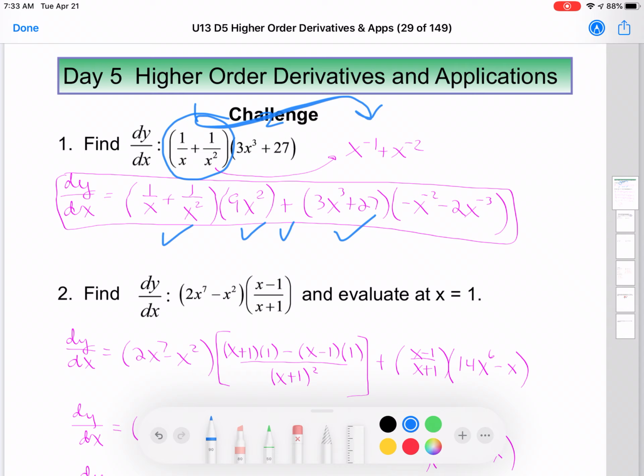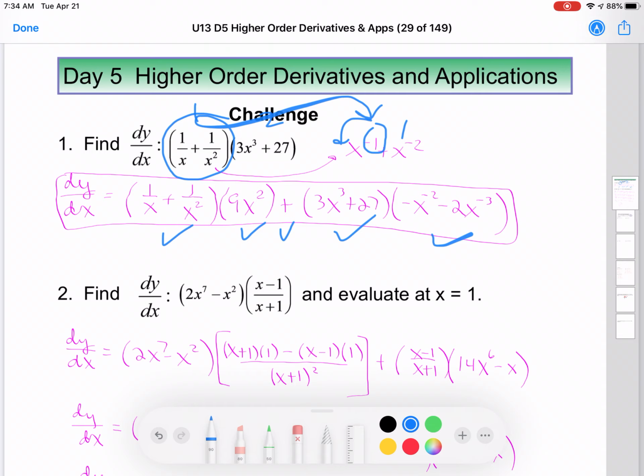So 1 over x I can change to be x to the negative first, and 1 over x squared I can change to be x to the negative second. Now I can just use my power rule, right? So negative 1 times 1, decrease the power by 1, and the same thing here, and that's where I get the derivative of the second.